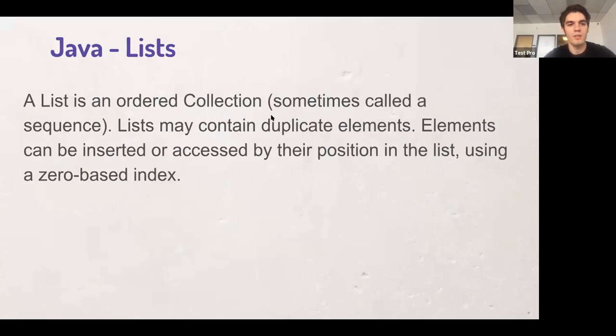First of all, there is a list. A list is an ordered collection. There are three most popular types of collection: lists, sets, and maps, as I mentioned before. The basic difference between lists and sets is that a set is a collection of unique elements. You cannot have duplicated elements.